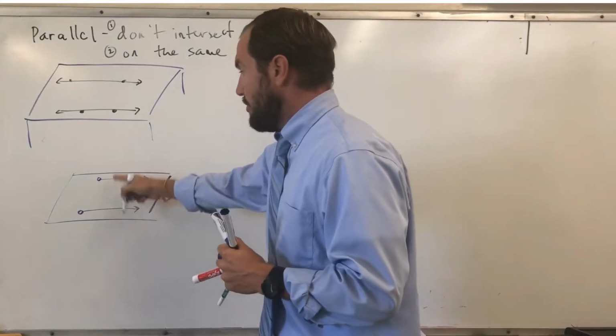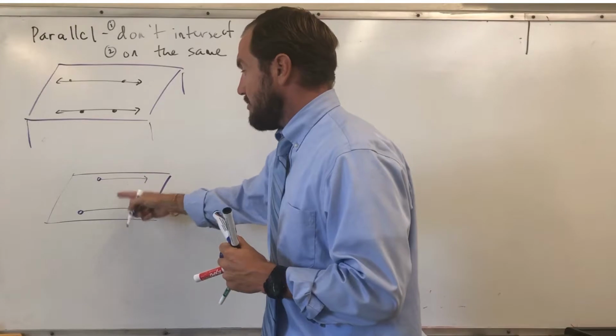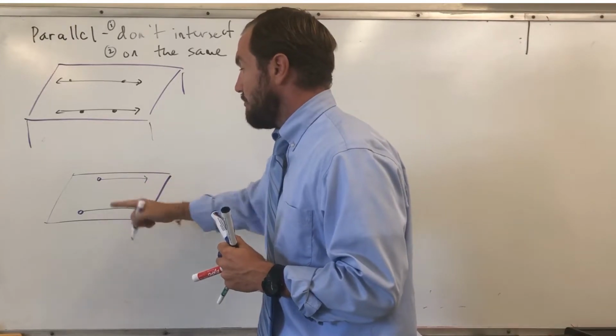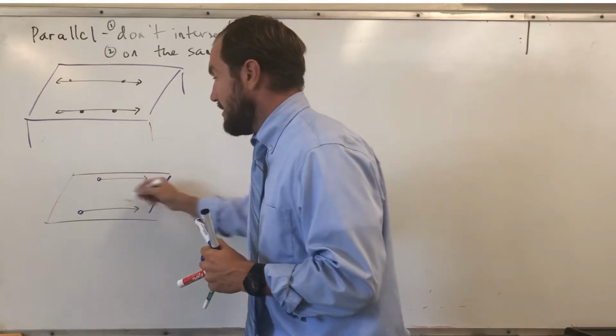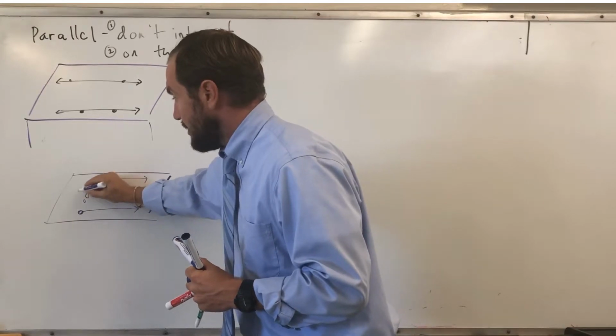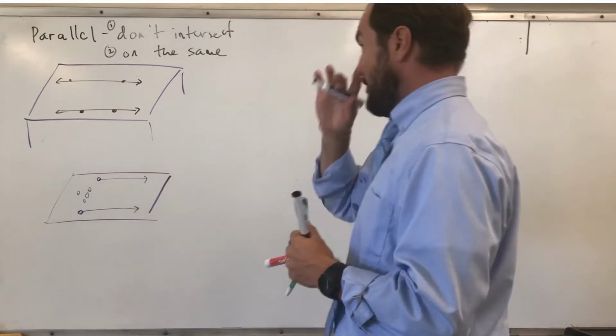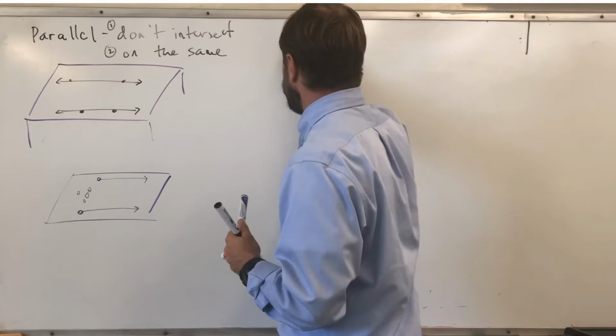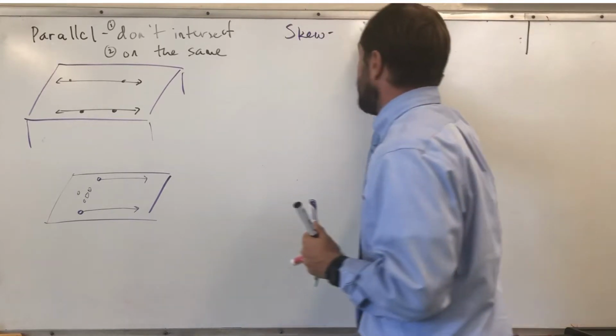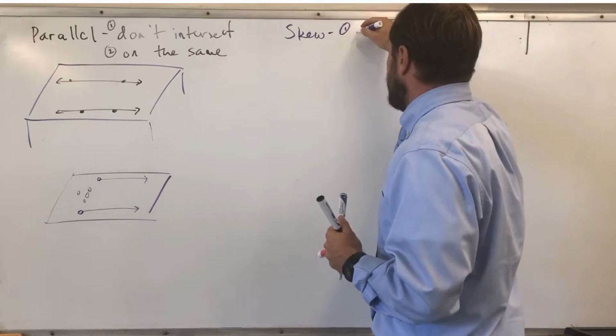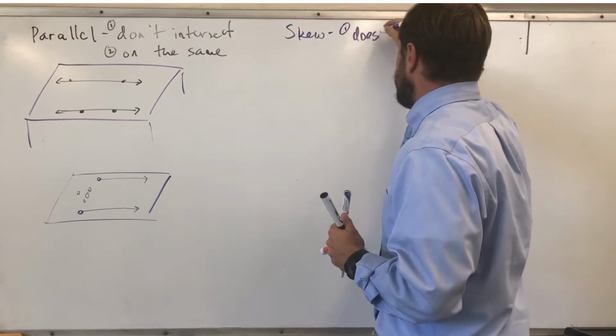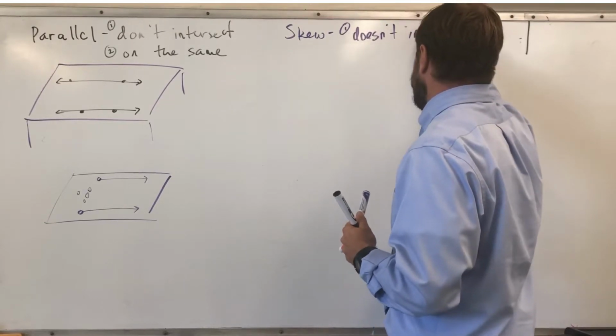Those 2 receivers would be running parallel routes because they're on the same plane, and they're running parallel routes. Now something skew, let's compare the 2. Something skew will also not intersect.